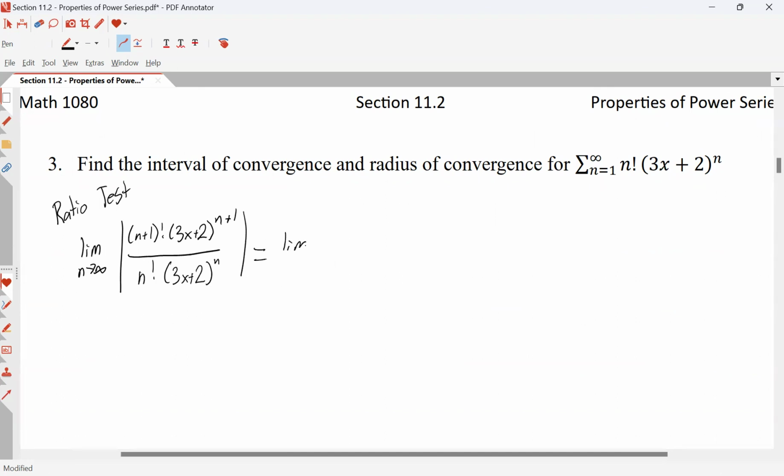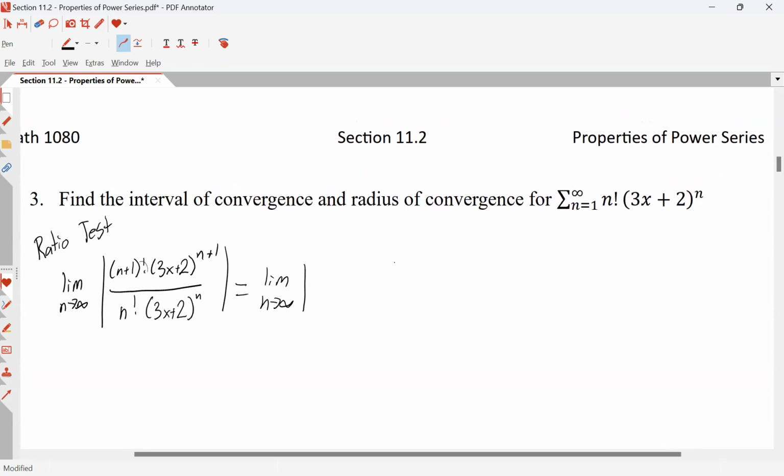This simplifies down into being the limit as n goes to infinity of n plus 1 over n factorial is just n plus 1.